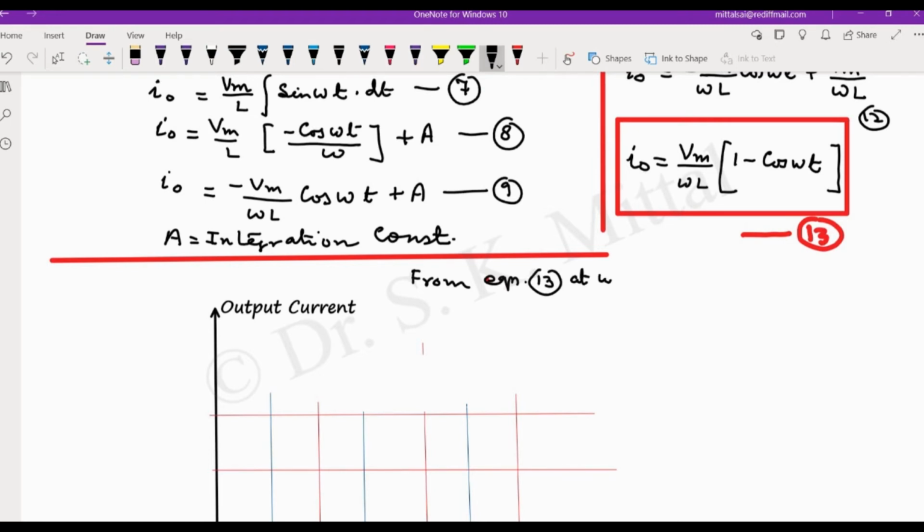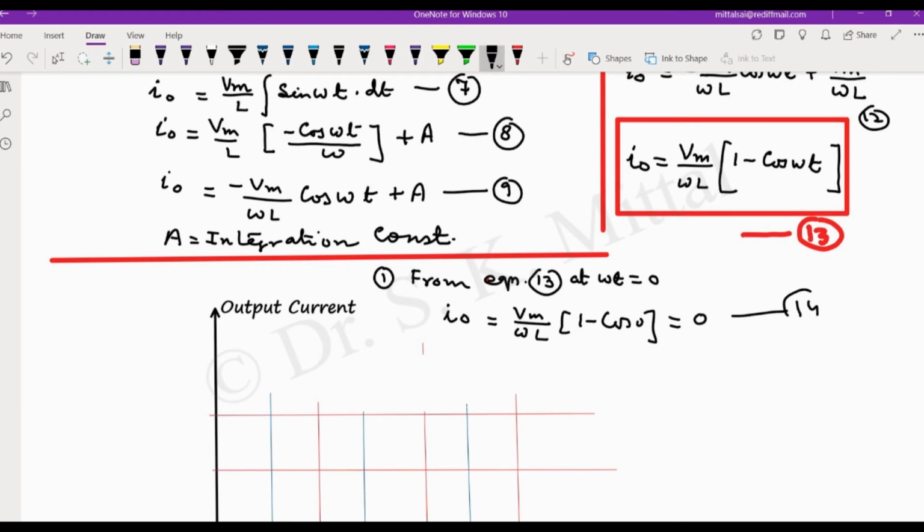At omega t is equal to 0, I0 is equal to Vm upon omega L times 1 minus cos 0. Cos 0 is equal to 1, 1 minus 1 is equal to 0. So therefore, I0 is equal to 0.